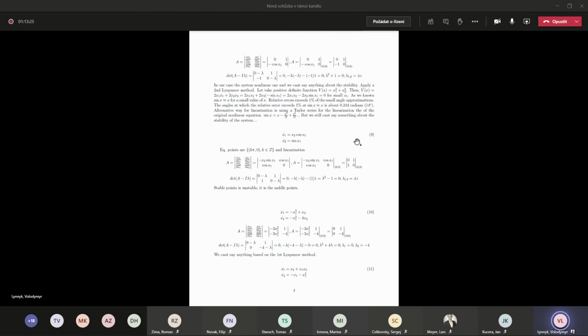Okay. And the next example is x1 dot equal to x2 cosine x1 and x2 dot equal to sine x1. Equilibrium points are k pi, 0, where k is an integer, and the linearization is the next.